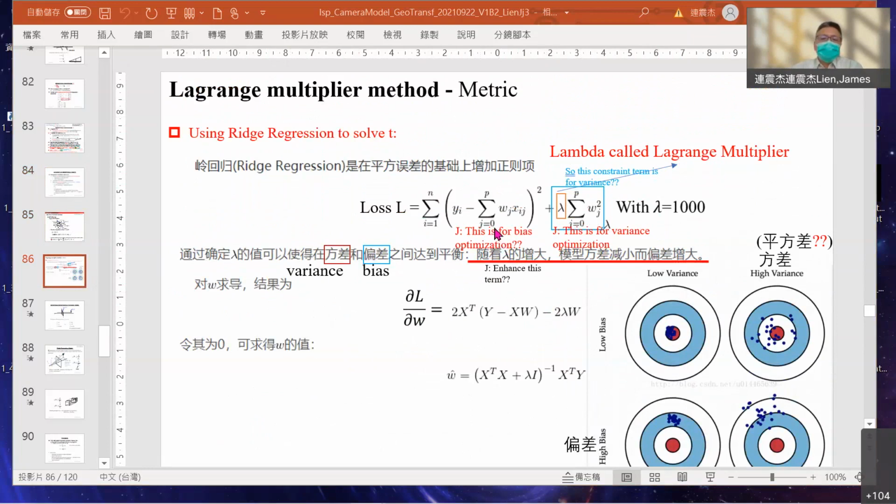Originally, we use sum square difference or mean square difference. This is the ground truth, and this is the estimation result. W is the weight parameters, the parameters of deep learning.